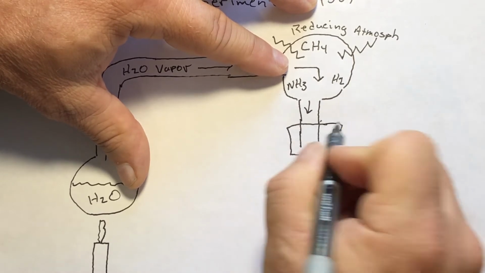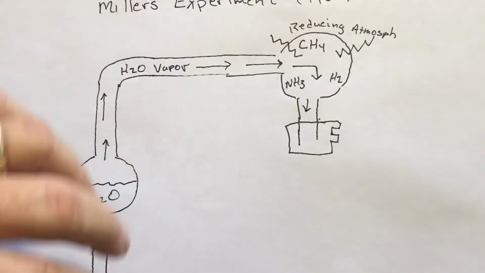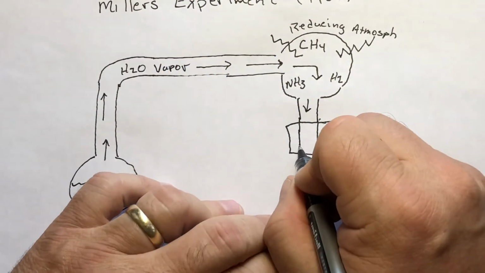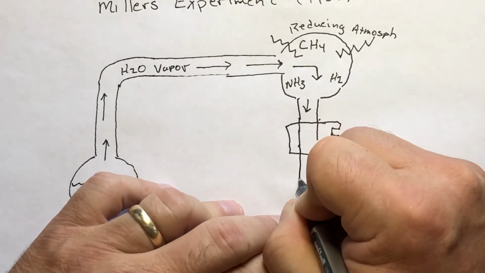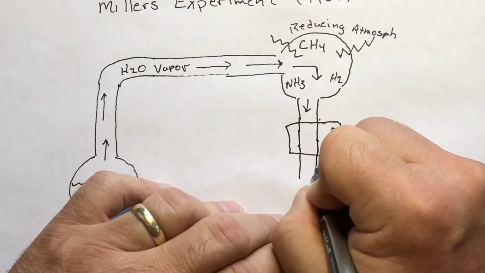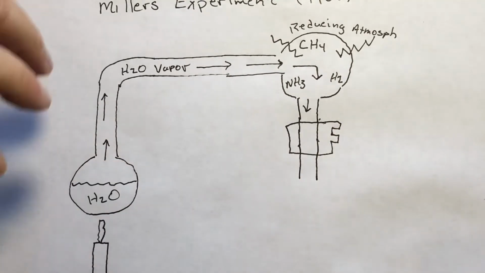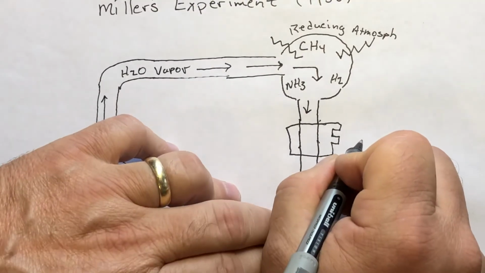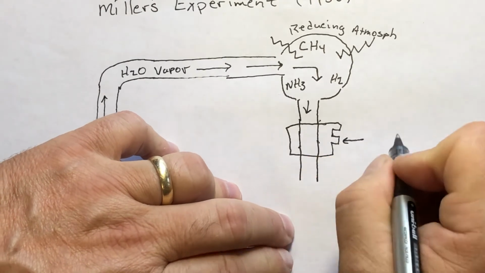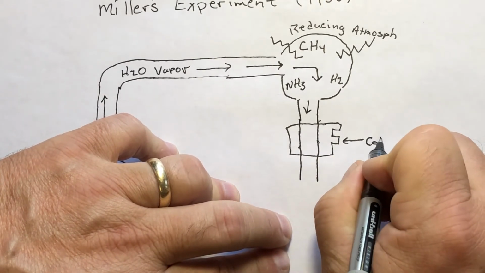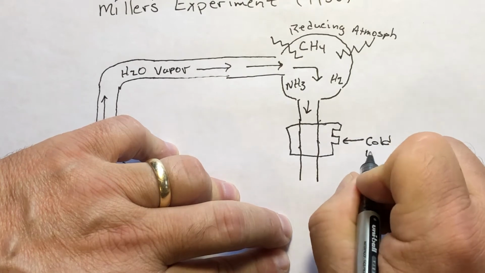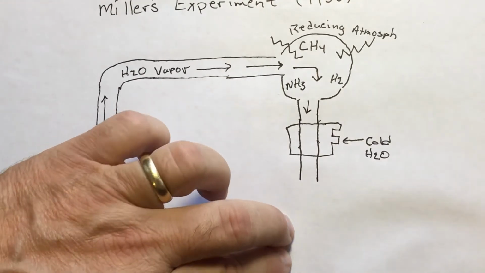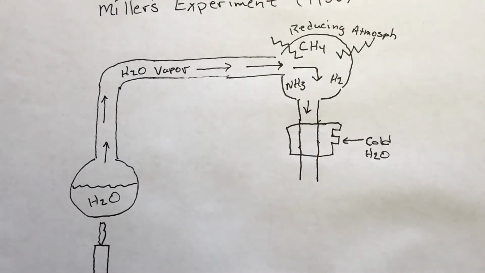And this something was what he called a condenser. So we're going to condense the water from the vapor form back to the liquid form. And so he surrounded this glass tube basically with this condenser, and what he did was he circulated cold water around this tube that's coming out of his reducing atmosphere.